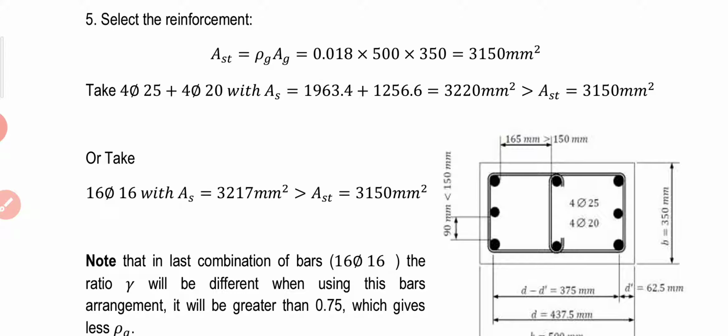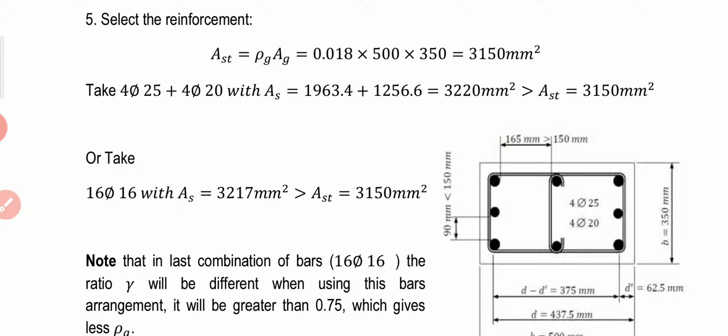Or we can take 16 bars of 16 mm diameter. So Ast equal to 16 into pi by 4 into 16 square. So we can get As equal to 3217 mm square.